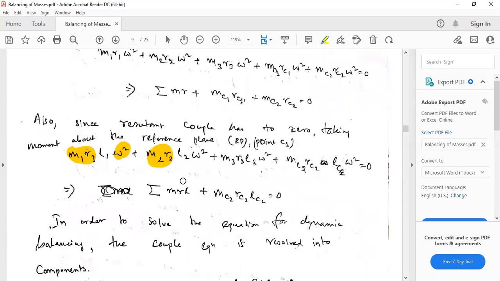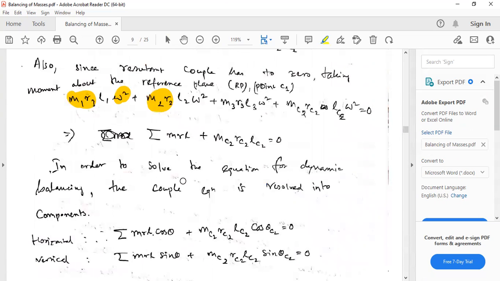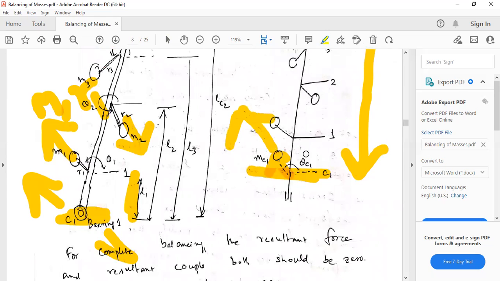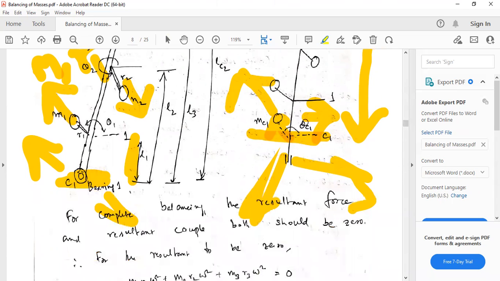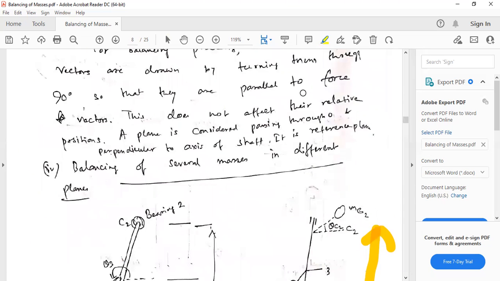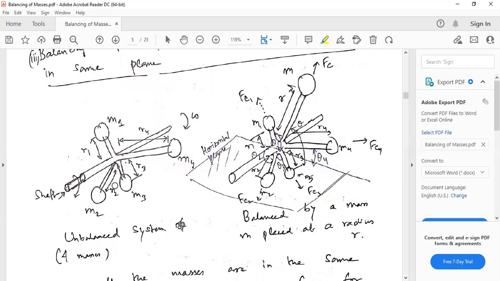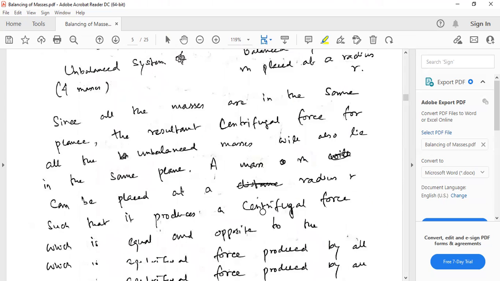This part will have components, this part will also have components, because these are forces. We have transferred all the forces, so what we have to do is simply find their horizontal components and vertical components. We have simplified this problem to the previous one, where we have several masses in one plane. The same thing we have to do.